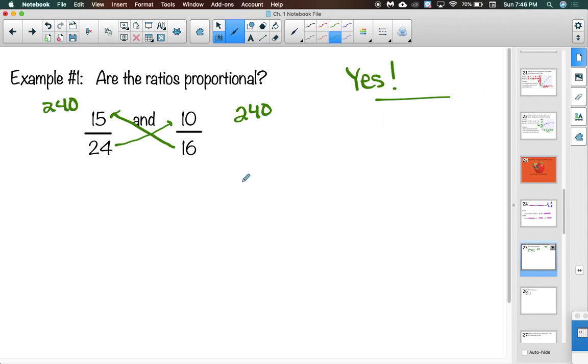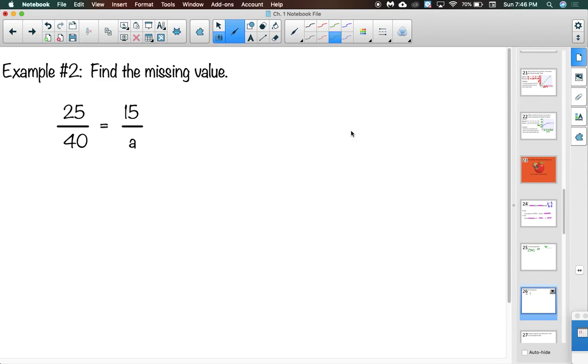Okay, so that's the very, very basic way to use cross products. We can also use cross products to solve for a missing variable. So in this case, we're trying to solve for the a. When I do cross products this way, I like to always start with the product that has the variable in it.